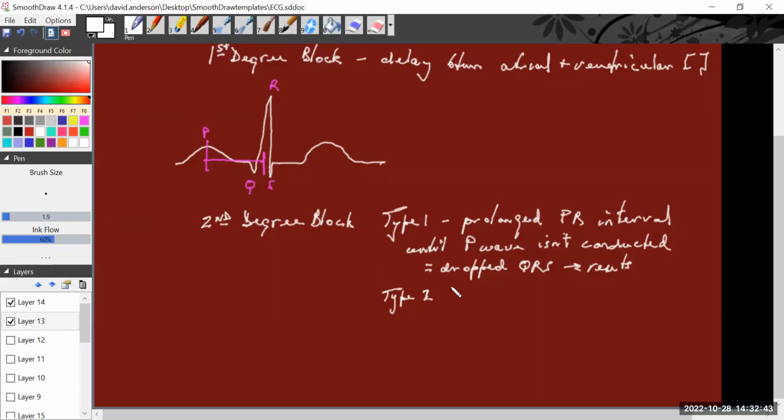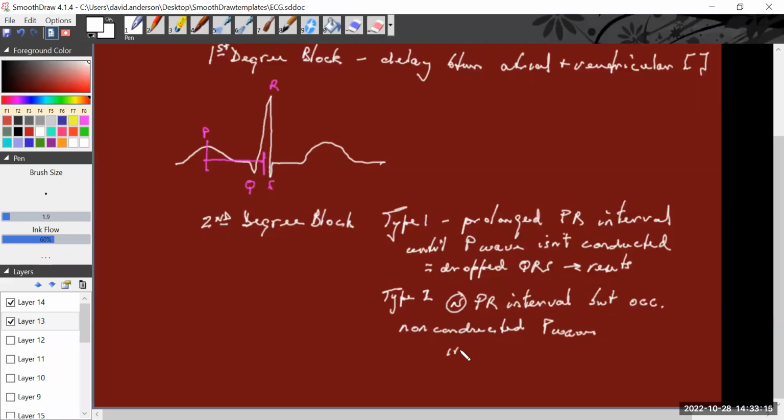So second degree block type 2 is, in this case, we see a normal PR interval. So the distance between the two is normal, but occasionally we see non-conduction in the P waves.